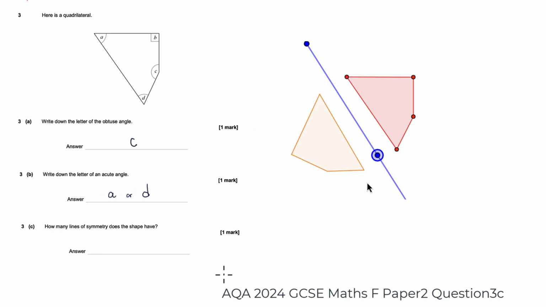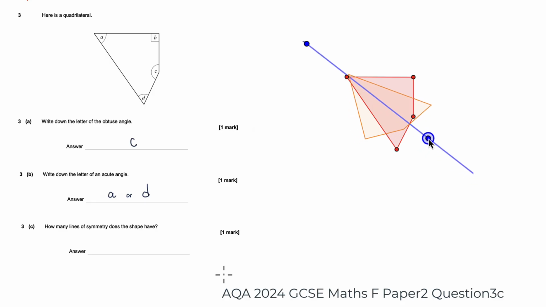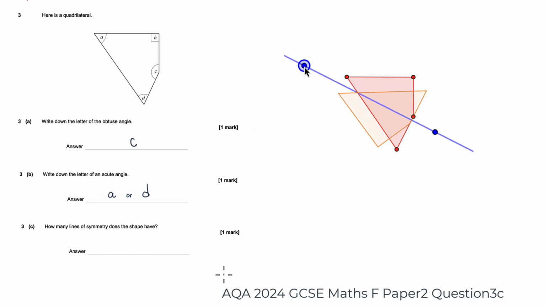So, can we place that mirror along a line so that when we fold the shape over that line it fits exactly onto itself? Well, look, here's a possibility, but you can see it's not quite right. It's not fitting on top of itself. So that's not a line of symmetry. And we can move this around.